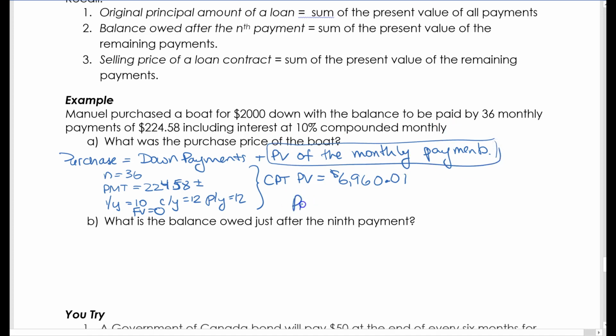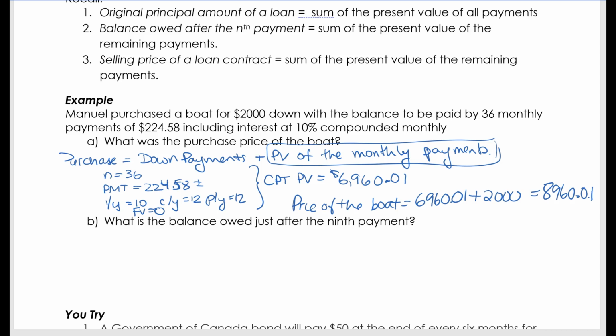So the price of the boat was the $6,960.01 plus the $2,000 down payment, so that's $8,960.01. That penny was probably more like $8,960, but because of rounding it ends up being a 1.